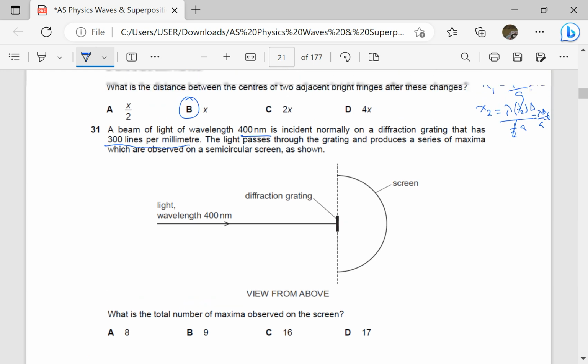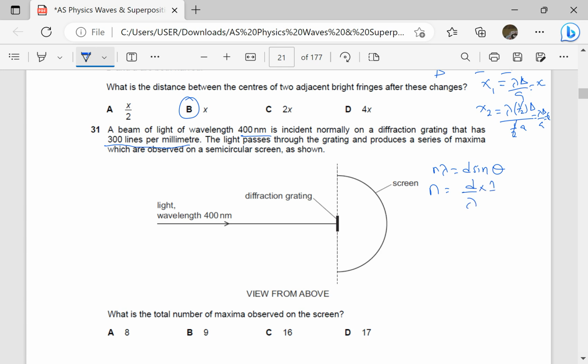For a diffraction grating, n lambda is equal to d sine theta. n is maximum when sine theta is equal to 1, that means when theta is 90 degrees. So n maximum is going to be d divided by lambda times 1.